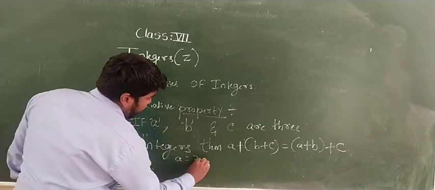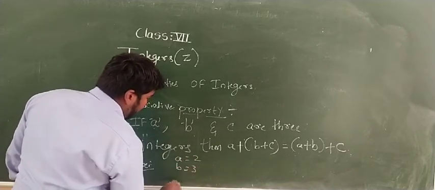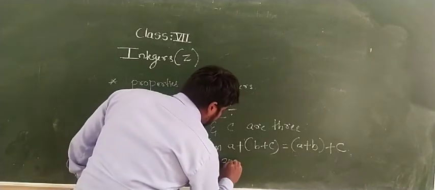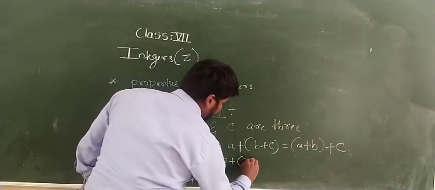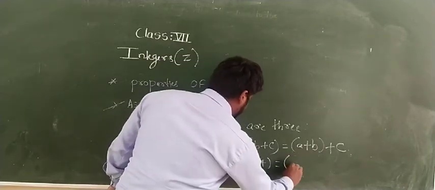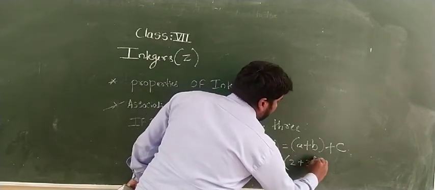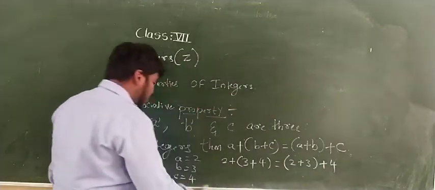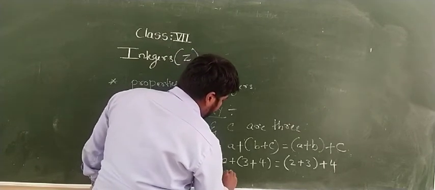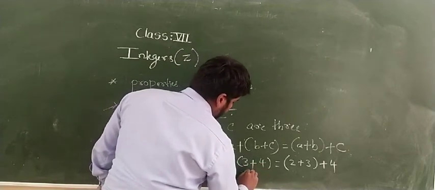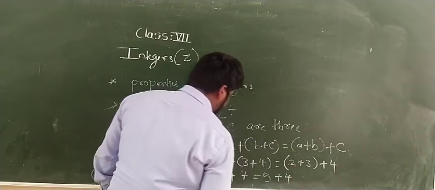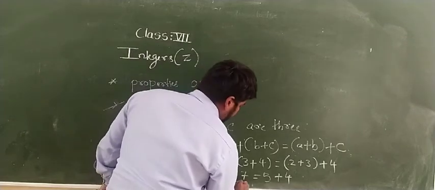A is equal to 2, B is equal to 3, C is equal to 4. So A is 2 plus of B is 3 plus 4, which is equal to 2 plus 7, which is equal to 9.